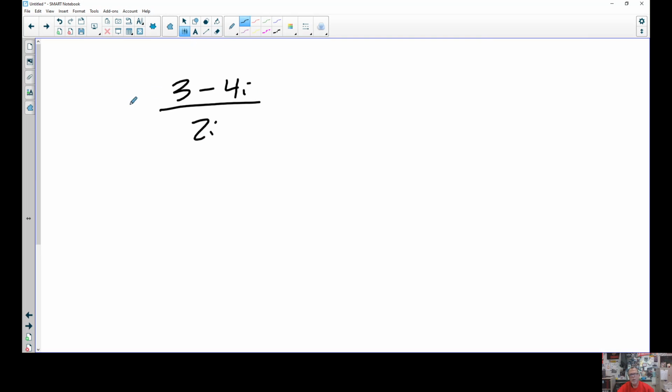All right, so with this one, again asked to simplify, we could multiply top and bottom by i. When we do that, we're going to distribute it through here. So we'd get 3i, and again, this is negative 4i times i. So negative 4 times i squared, being negative 1, so this is plus 4.